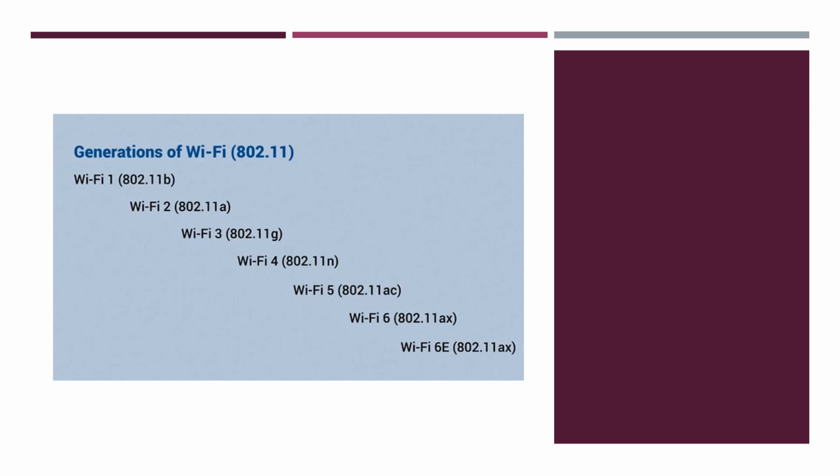Next one, Wi-Fi 3, that is 802.11g. Wi-Fi 4 is 802.11n. Wi-Fi 5 is 802.11ac. Wi-Fi 6 is 802.11ax. And then Wi-Fi 6E is 802.11ax.